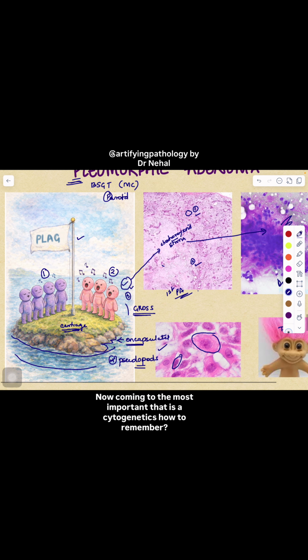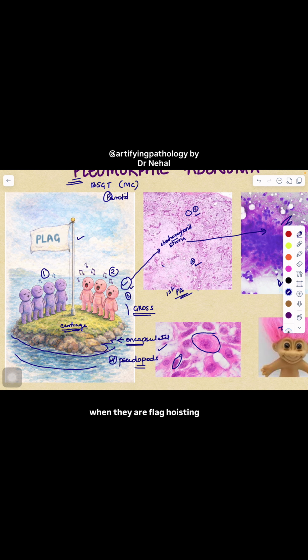Now coming to the most important, that is the cytogenetics, how to remember. So as you can see, I already said that there are two groups of people who are singing the national anthem when they are flag hoisting. One group of people are humming. As you can see, their eyes are closed and they're humming. The second group of people are singing. And for singing in Hindi, we say ga.